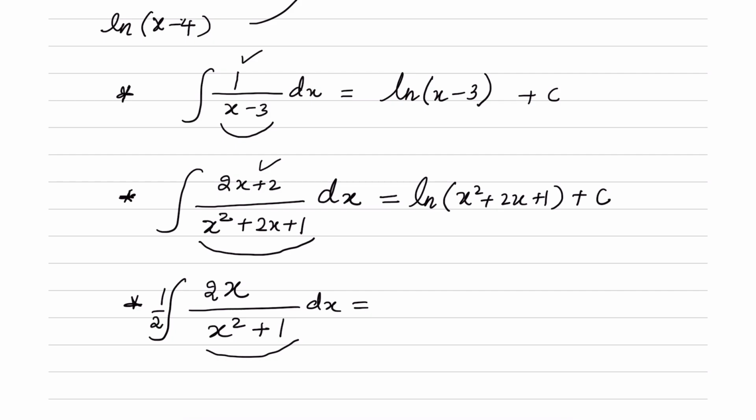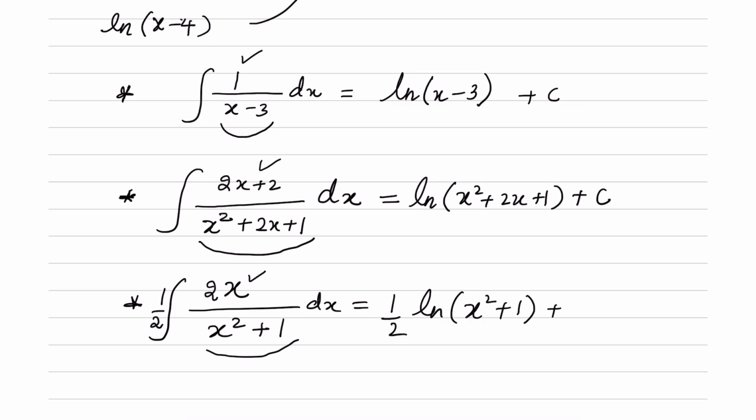It's a constant, it can be multiplied and divided. Now in the denominator we have x square plus 1 and its derivative, which is 2x, is written in the numerator. So I can write first of all 1 by 2, this 1 by 2 multiplied by ln, the answer of this integral, which is ln of x square plus 1.